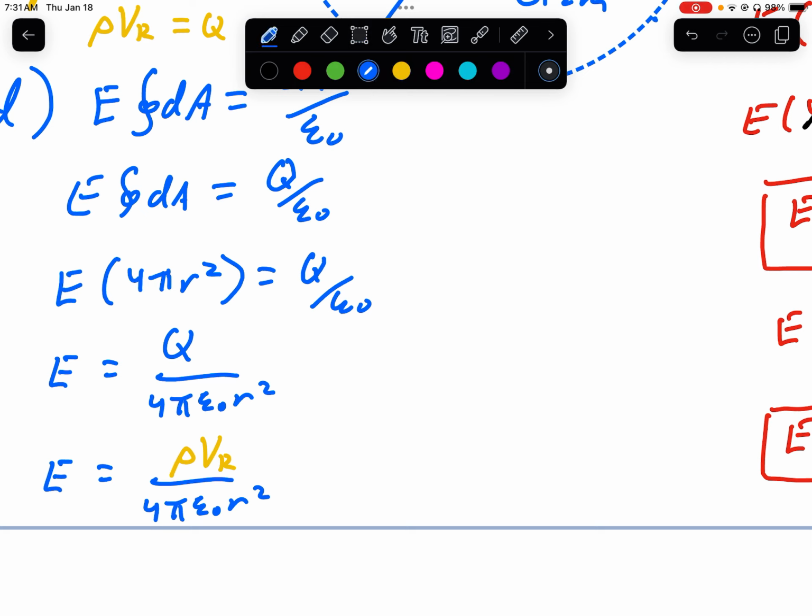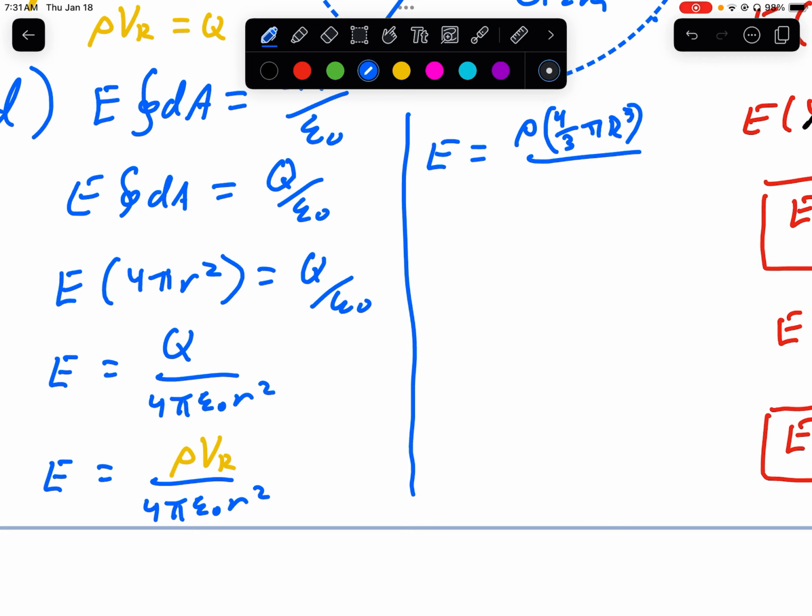We actually get a little bit of simplification first. So E is equal to rho, which is the given value, times the volume of this thing, 4/3 pi R cubed, where this is capital R, the radius of the entire charged sphere, over 4 pi epsilon naught r squared.